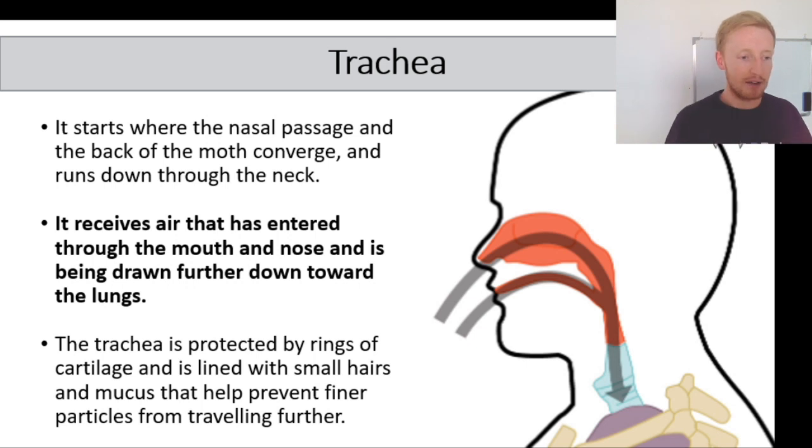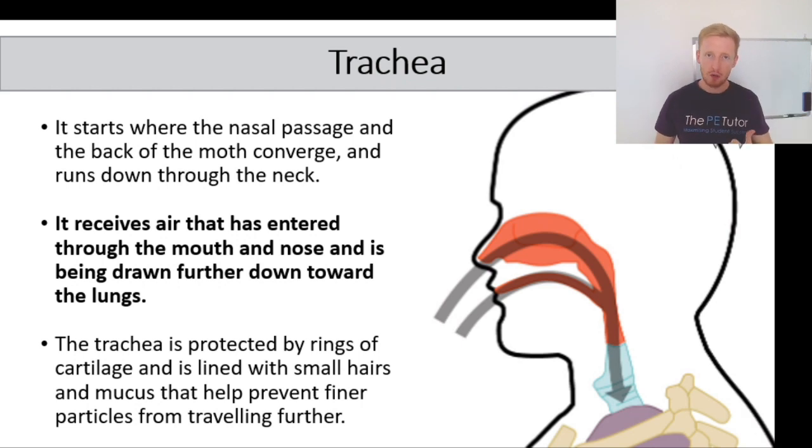So it's ringed with cartilage for protection, and the trachea also has mucus or phlegm, as you might have heard it. It's the gunky stuff that you sometimes cough up in larger quantities when you're a little bit ill. And we've also got cilia, which are micro hairs, similar to nasal hairs, but even smaller. These also line the inside of the tube, this track running down.